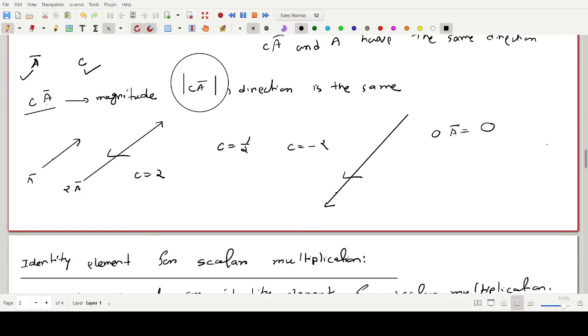Let's say C equals 2, then if this is A, 2A will be double of it, and the direction will be the same. If C equals half, A will be halved, and the direction remains the same. If C equals minus 2, then the direction will be reversed, but the length will be doubled.